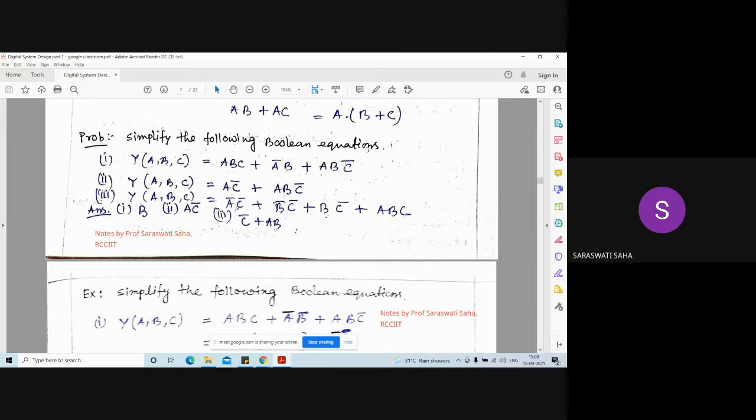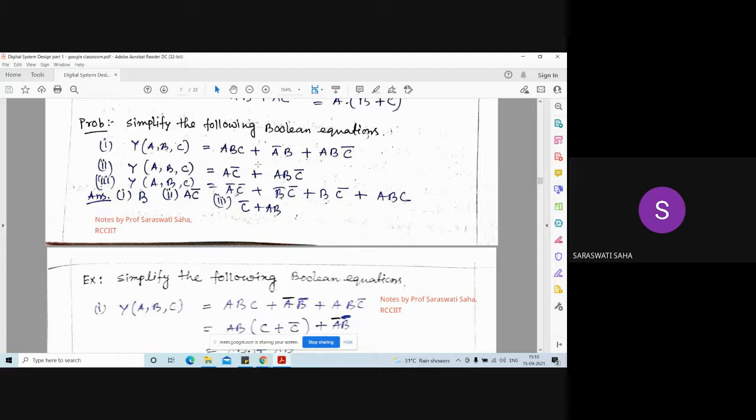And finally, to get the OR between these 3 AND terms, another 3 input OR gate is required. So 3 plus 4 plus 5, 2 NOT gates, that is 6 gates are required. So our purpose is to reduce the number of gates to implement the circuit that performs the same operation.